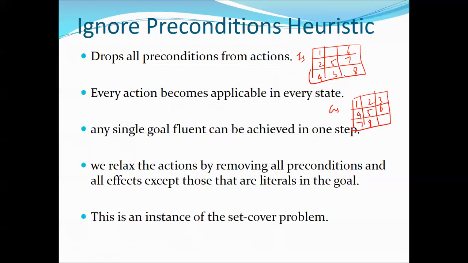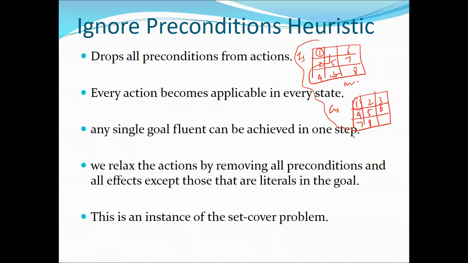This is the initial state and this is the goal state. We discussed two types of heuristic, if you recall. The first heuristic is the number of misplaced tiles. In that case we just count how many tiles are misplaced. 1 is not misplaced, 2 is misplaced, 3 is misplaced, and so on. The second is the Manhattan distance of the tile. For example, 2 here, in the goal state it should be here, so it is 2. Like that we count.